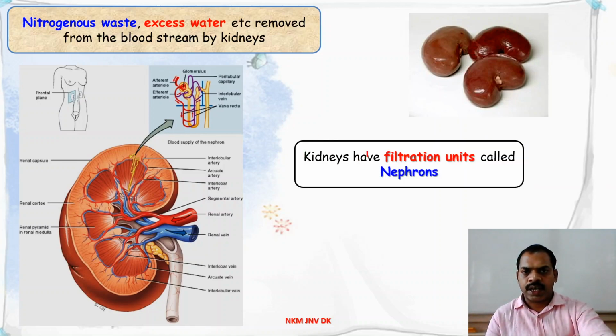The kidney has filtration units called nephrons. So these are the nephrons. You can see the filtration unit shown here. The yellow-colored structures and blood structures are part of the kidney. It is continuously connected with the blood capillaries.